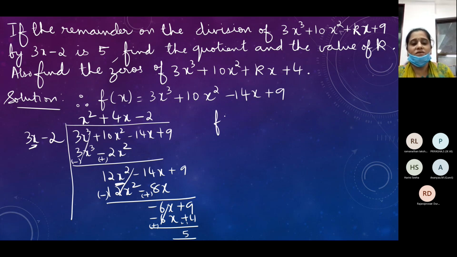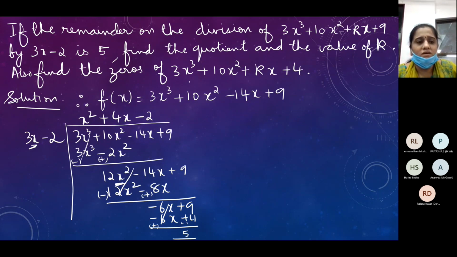Dividend f of x. Dividend is equal to... I'll take the next slide. Haven't we already found the quotient x squared plus 4x minus 2? Sorry, in the question they've asked to find the quotient. Yeah, we found the quotient now.